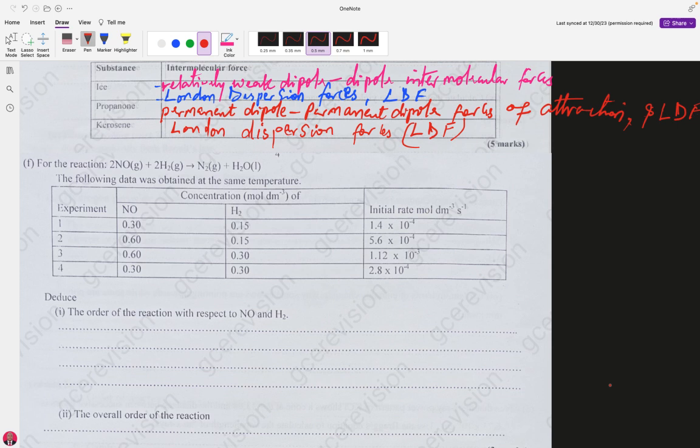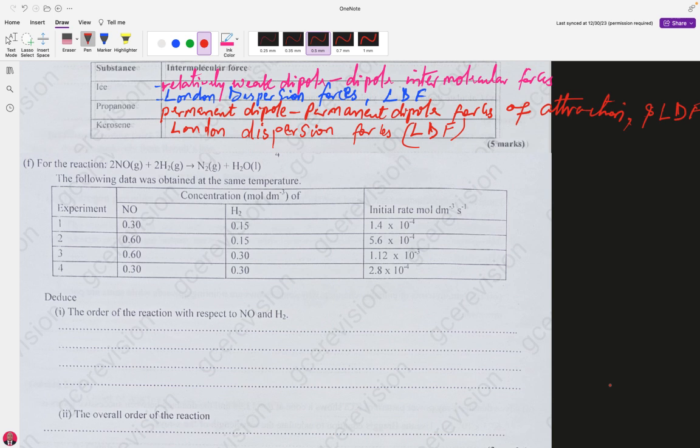Why do I say London dispersion? London dispersion forces are instantaneous forces that are induced. These are induced dipole forces. They can only be induced if the molecule is closer to a region of high electron cloud density.